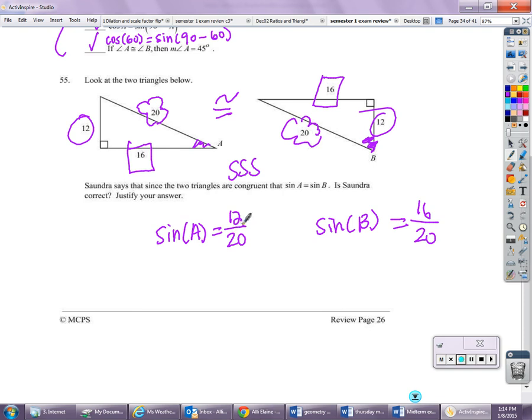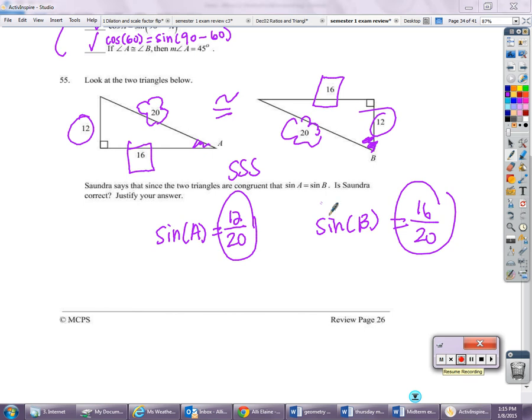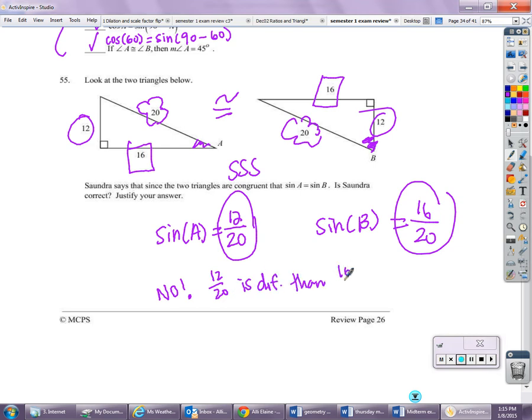Okay, I guess she is incorrect, because 12 over 20 and 16 out of 20 are completely different. So 12 out of 20 is 0.6 and 16 out of 20 is 0.8. So I would say that Sandra is incorrect. No. 12 out of 20 is different than 16 out of 20.